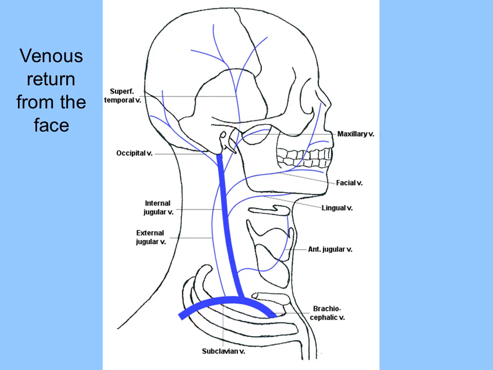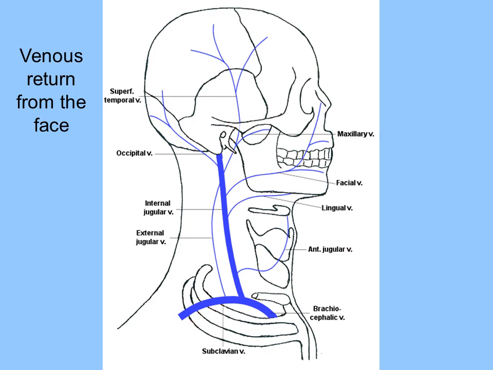Venous return from the face is via the facial vein. The facial vein branches off the inferior and superior labial veins, just like the artery, and terminates as the angular vein in the face.